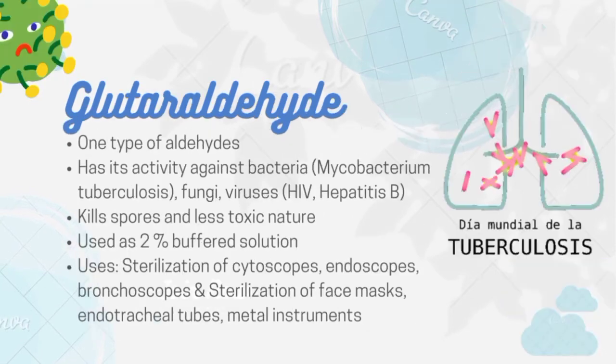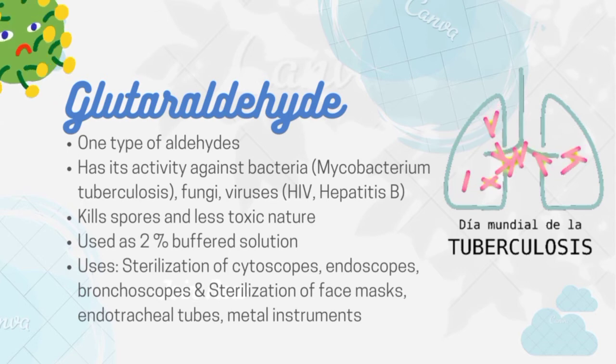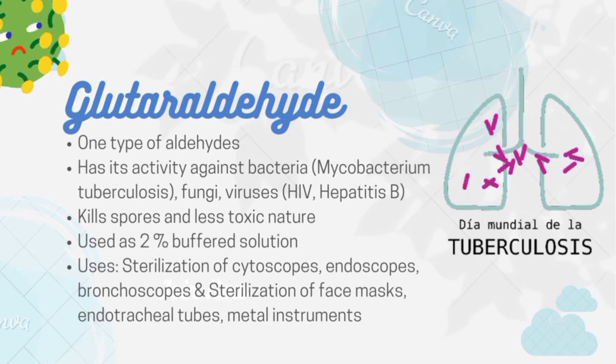inoculation cabinets. Aldehydes. Glutaraldehyde is one type of aldehyde, and it has activity against bacteria, for example Mycobacterium tuberculosis, the bacterium that causes TB, and against fungi and viruses such as HIV or hepatitis B. It kills spores, is less toxic in nature, and is used as a 2% buffered solution.